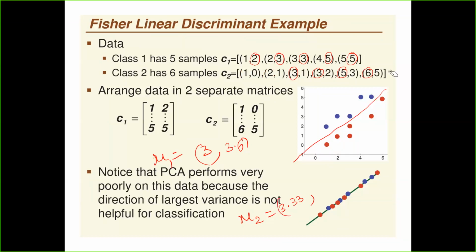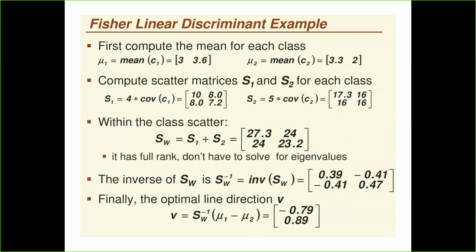And what about the other dimension? 0, 1, 1, 2, 4, 4 plus 7, 12 divided by 6 is 2. Right? So this is mu1, (3, 3.6). This is mu2, (3.3, 2).